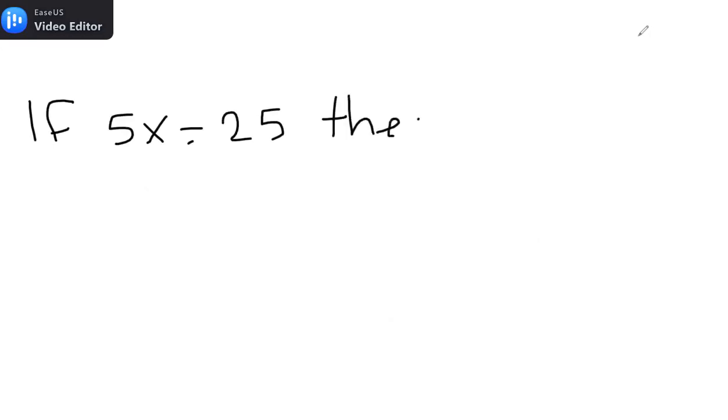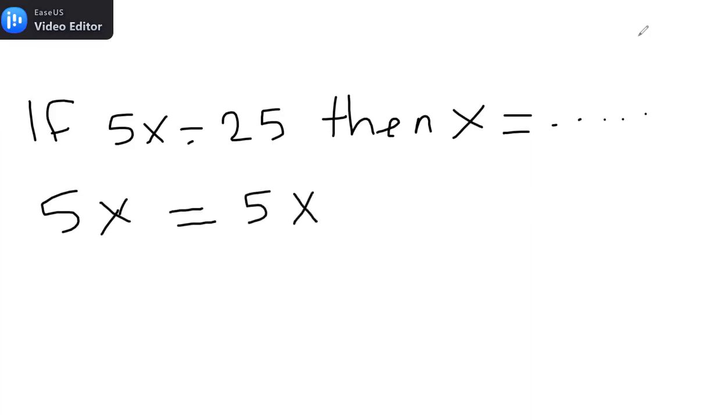Another one. If 5x equals 25, then x equals what? We know before that 5x means exactly the same as 5 times x.